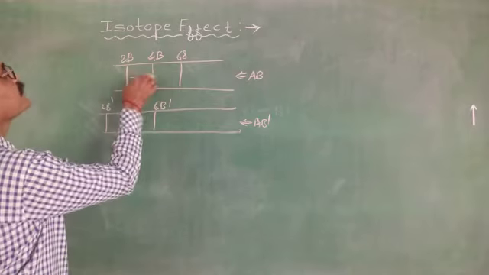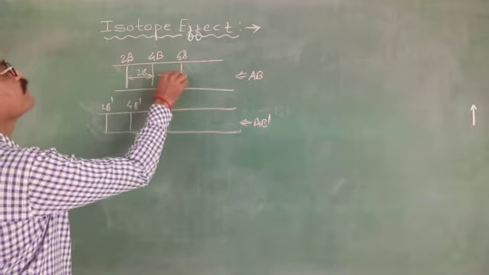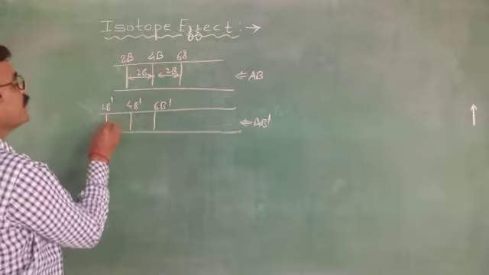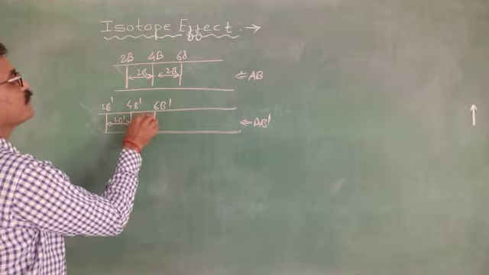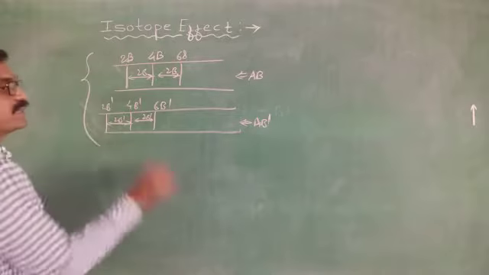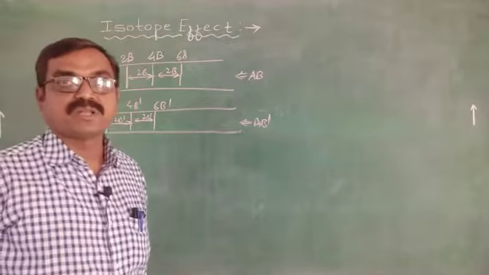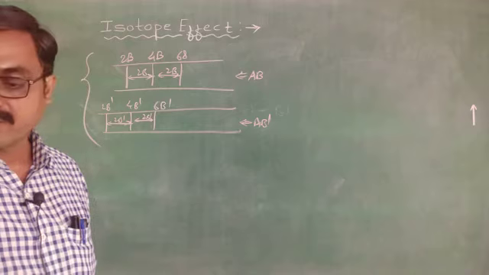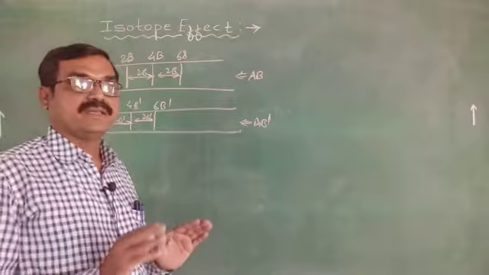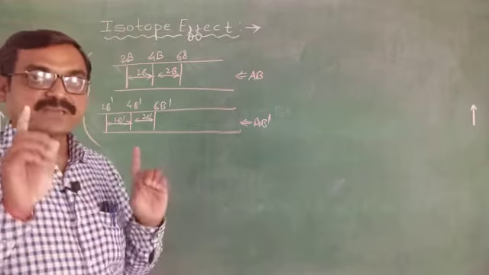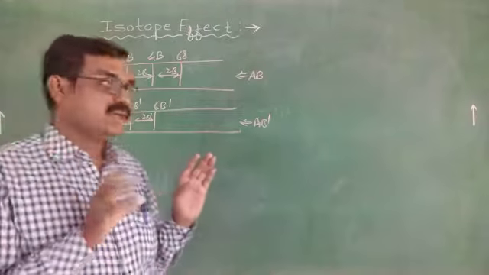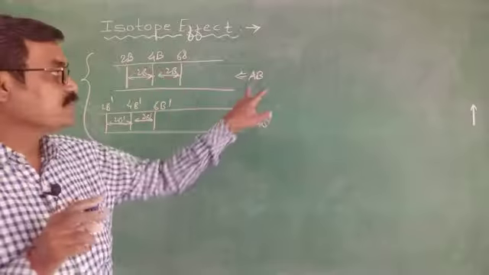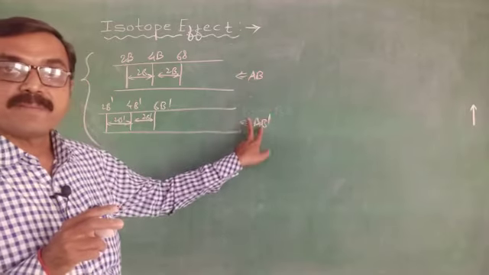Here distance is 2B, and here distance is 2B dash. Means from this it is clear that you will get a different rotational spectra, since the absorption lines are different. Only similarity is that in isotopic effect, the internuclear distance between two heteronuclear atoms is the same.